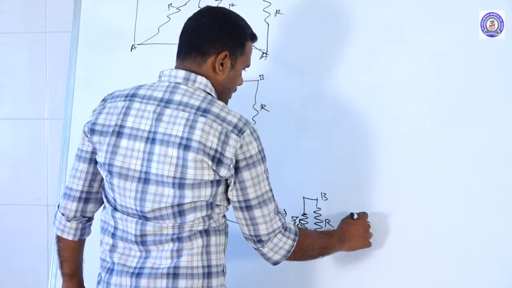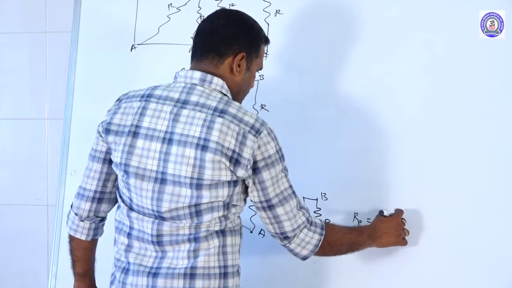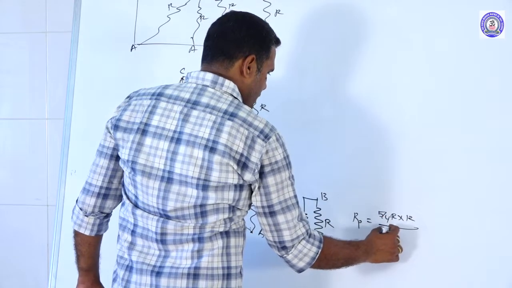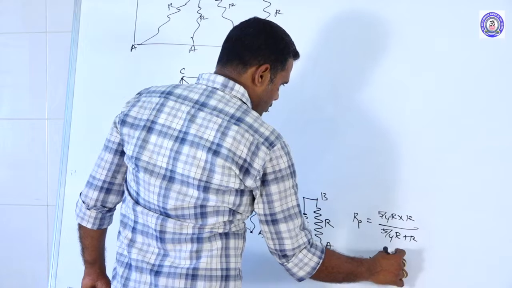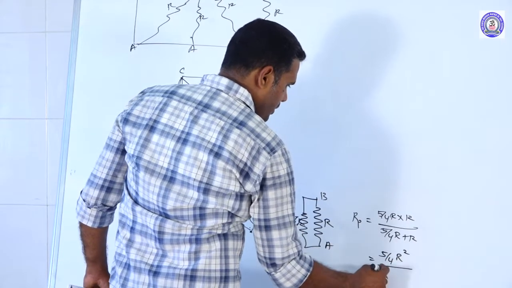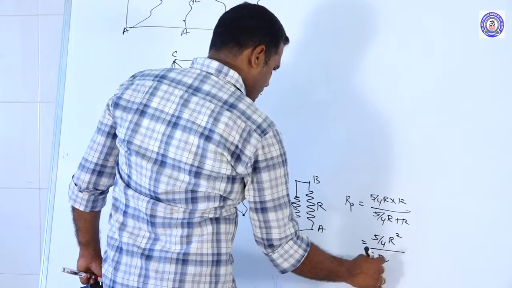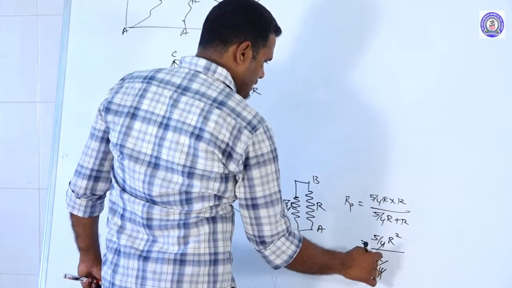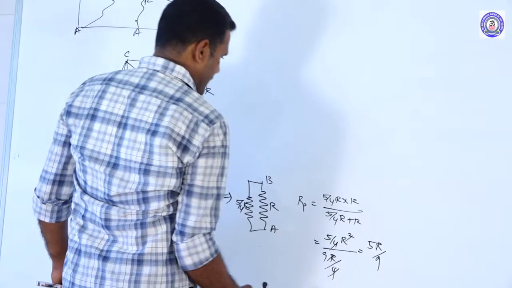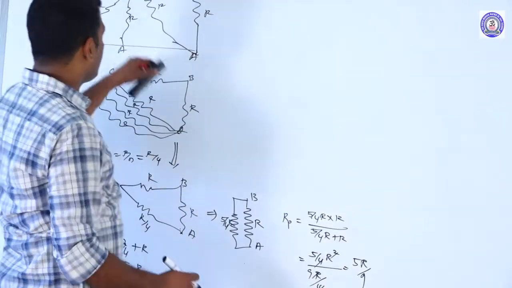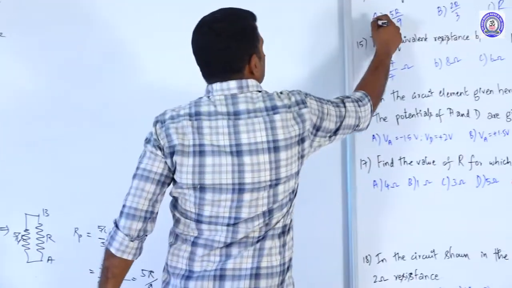Since they are in parallel, Rp is equal to 5 by 4 R into R divided by 5 by 4 R plus R. 5 by 4 R square divided by 9 R divided by 4. 4 gets cancelled out, R gets cancelled out. We will get 5R divided by 9. So the effective resistance between A and B is 5R divided by 9. So first option.